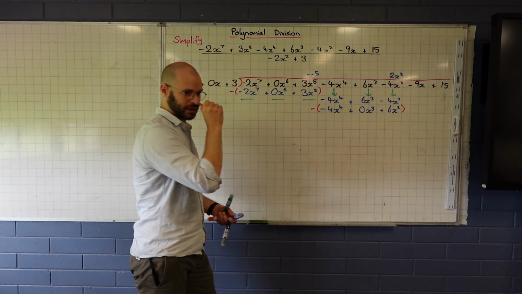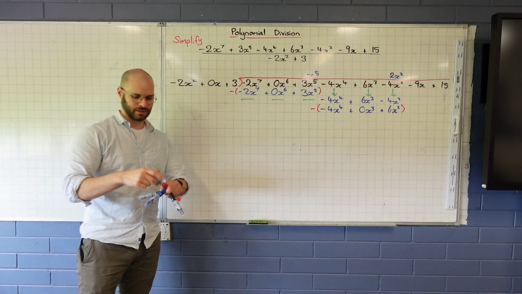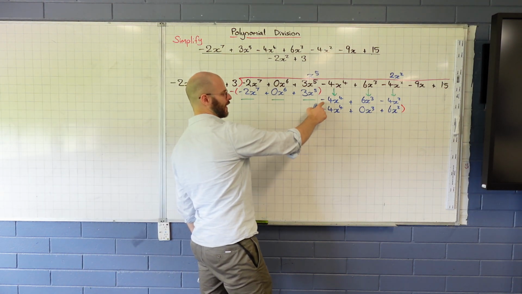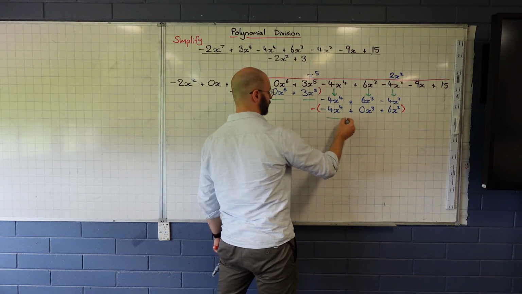Since we're doing a subtraction, I recommend always doing the brackets, otherwise you'll mess it up like I do. But I don't do that anymore because I use the brackets. Okay, doing the subtraction, minus 4x to the power of 4 take away minus 4x to the power of 4 is of course going to be 0.